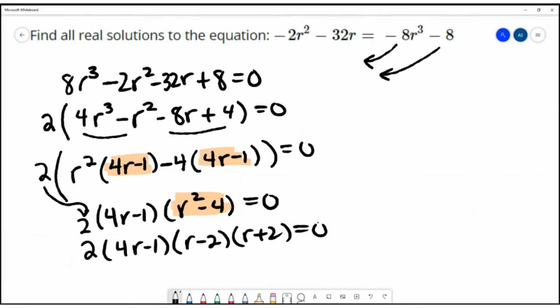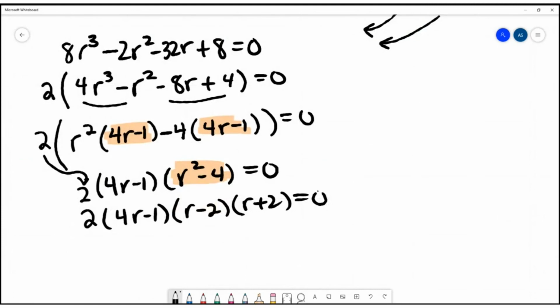And finally, now that I've factored this completely, I'm going to set each factor equal to 0: 4r minus 1 equals 0, r minus 2 equals 0, r plus 2 equals 0.